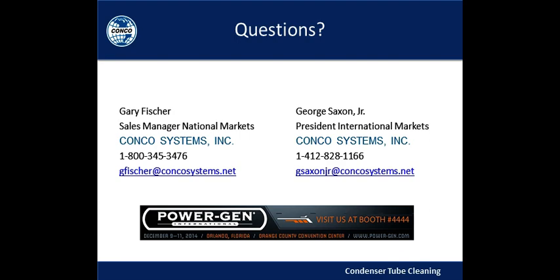Sure. This is Gary Fisher, and welcome to everybody who's joined. Really, the fouling begins when the heat process within that tube begins, when the steam begins to go over the tube. So the fouling begins inside the tube in most instances.